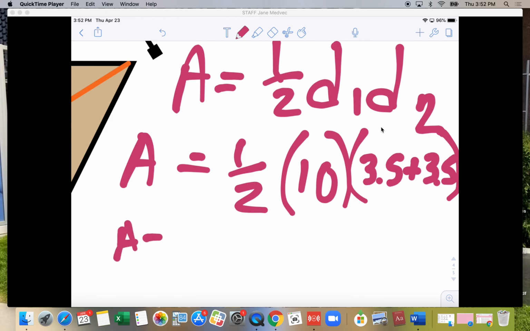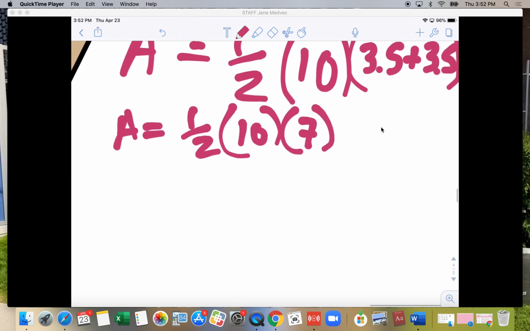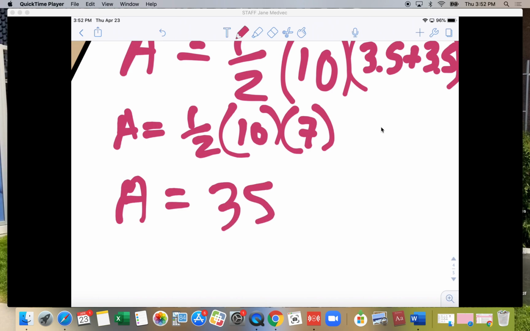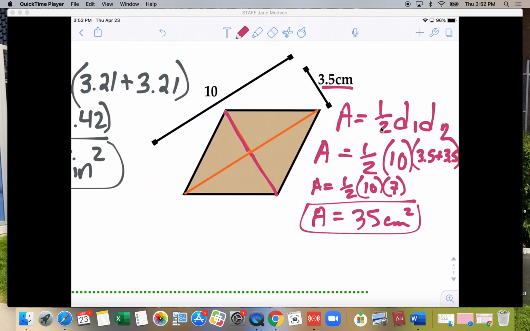So the area equals 1/2 times 10 times 7. Area ends up giving me 35, and that will be centimeters squared. With this one, you can see it's a lot easier. It's short and sweet, and it gives you the answer that you need.